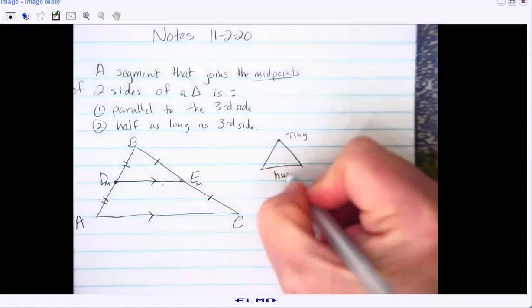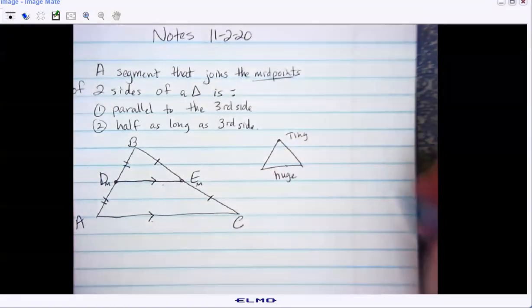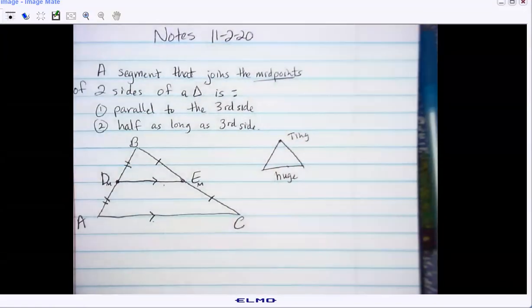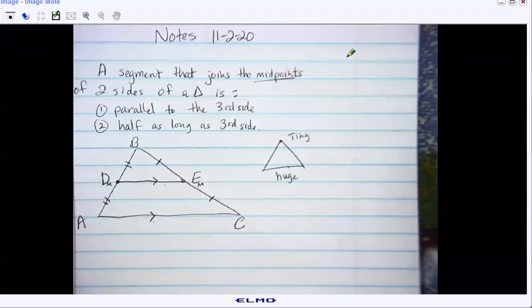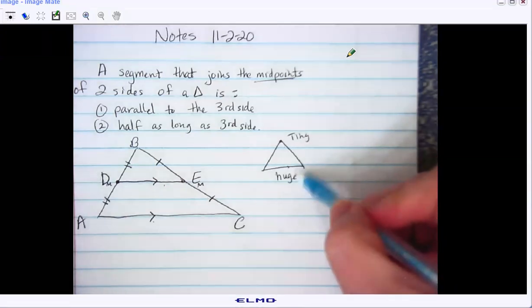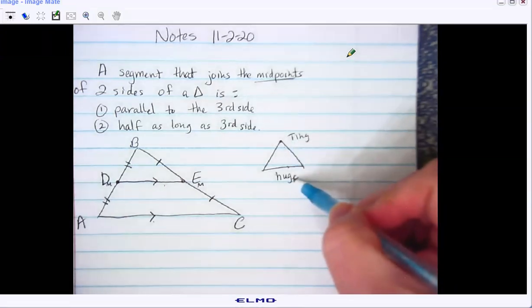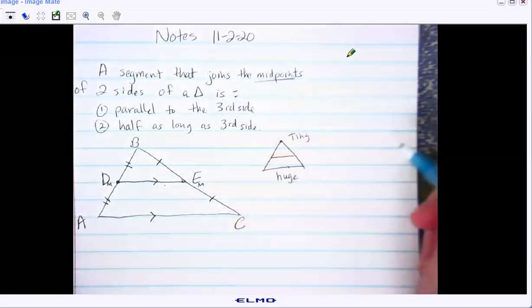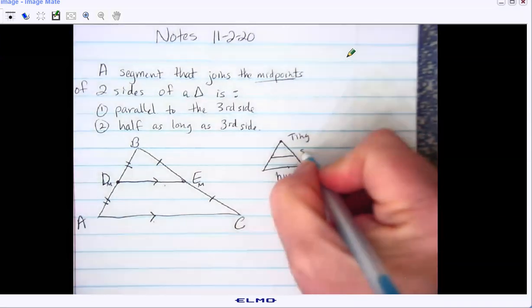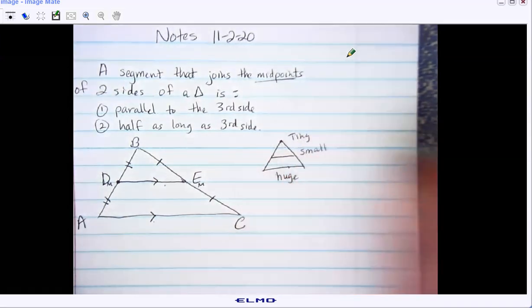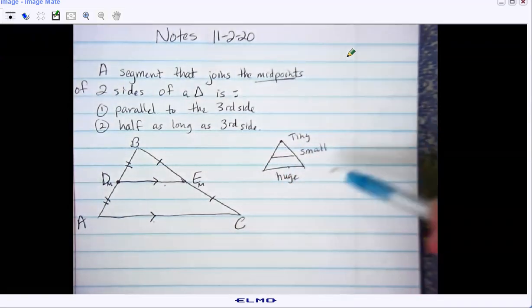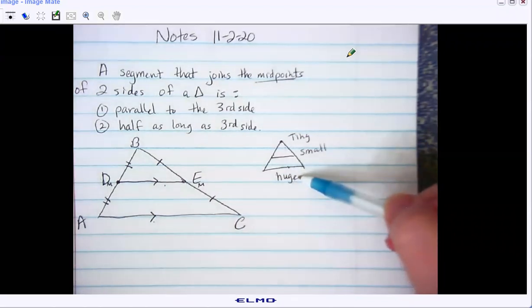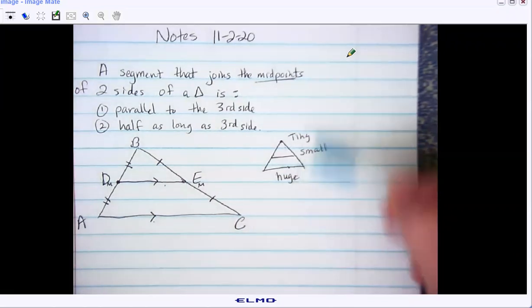So in the big picture, we're going to call that huge. No, it may not be huge, but it's just what I'm going to do. So in between, everything in between is smaller than huge. So when I connect these right here, we'll call that small. So this third side is always going to be bigger than everything else above it.